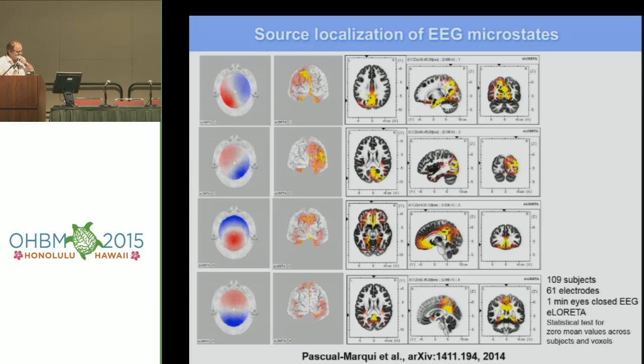This is a study recently published by Roberto Pascual-Marqui, where he estimated that by using individual source-based analysis and then statistics across subjects, 109 subjects analyzed here with 61 electrode recordings, and he proposed these microstates as being generated in the occipital lobe for the first one, the second one also more a visual one, the third one being more generated by frontal sources, shown here, and the fourth one by parietal and posterior cingulate activities. That's one way to go.